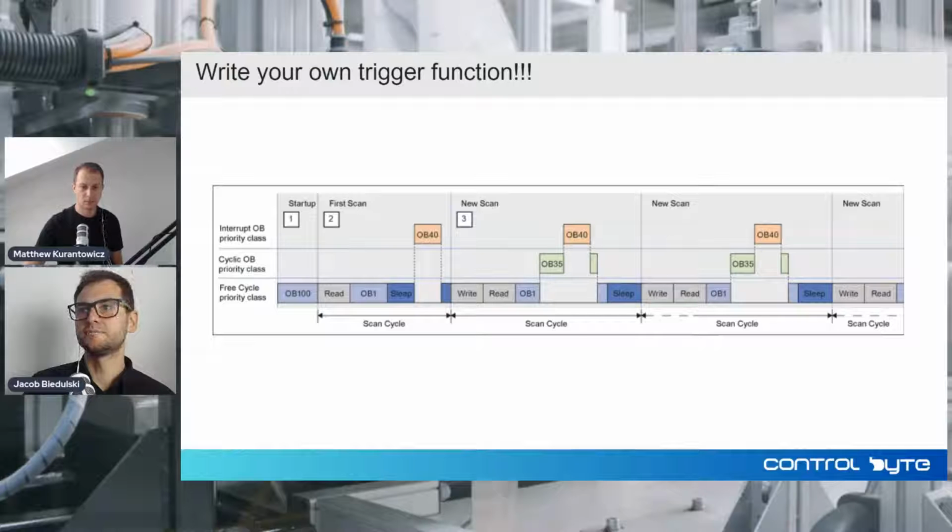And if the previous state from the previous PLC cycle is different from the state from the current cycle, the trigger is detected. The positive or negative trigger, it depends on the transition that has occurred.